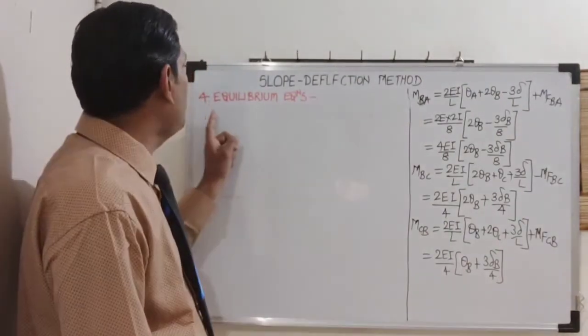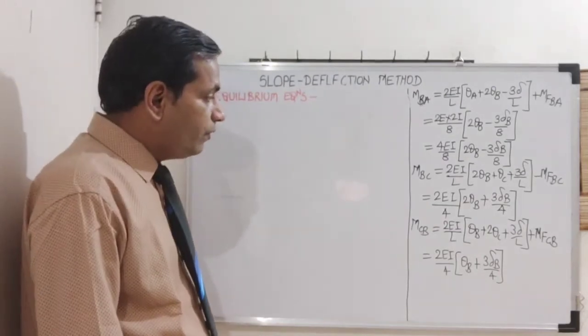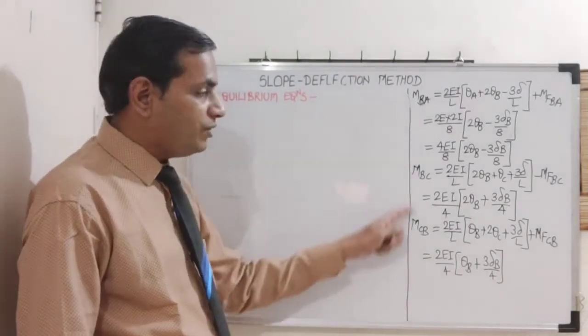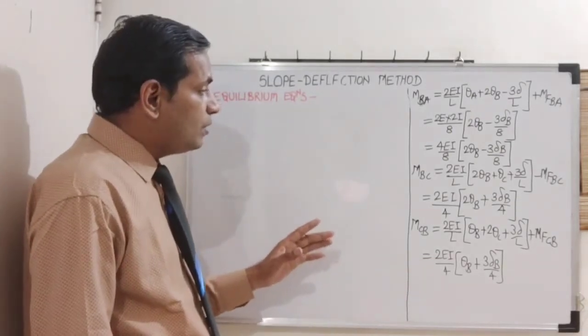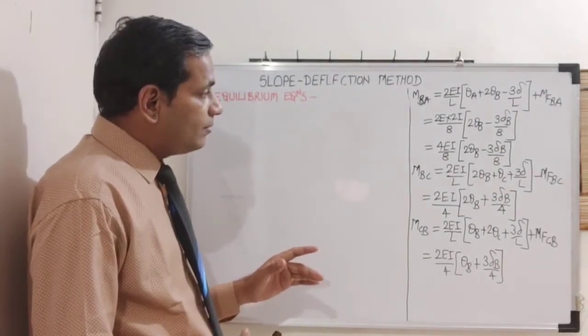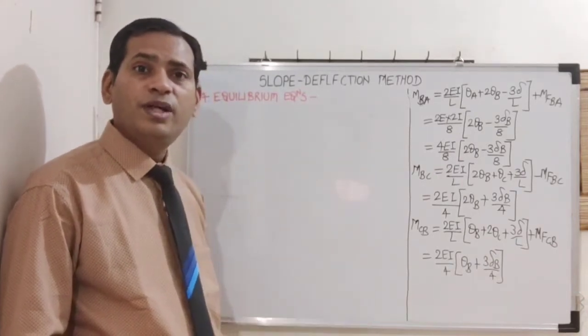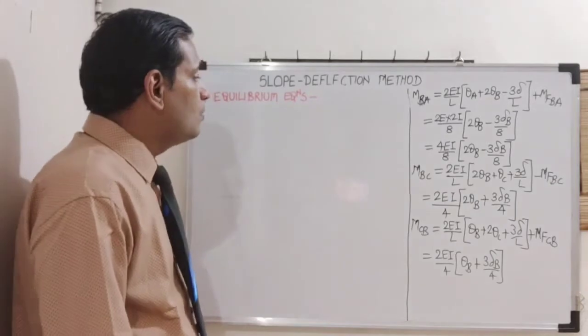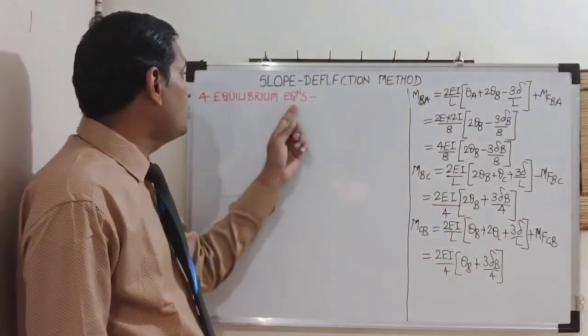Step number 4 is equilibrium equations. We have to combine these slope deflection equations and form two simultaneous equations. Why two? Because we have two unknowns, correct? So we need two equations of equilibrium.